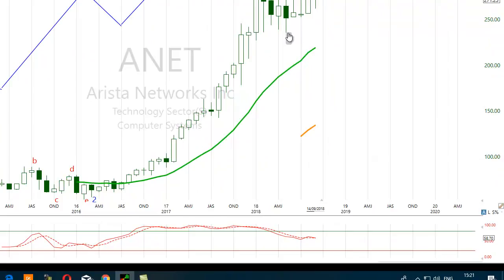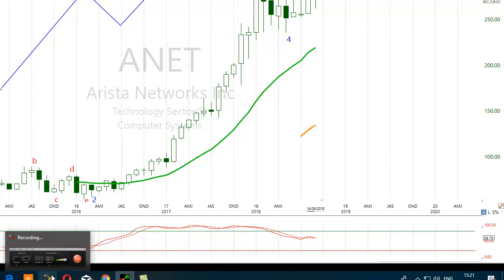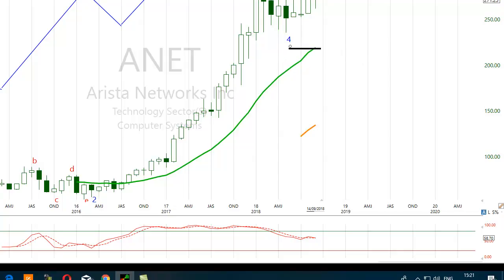Again here, if one is calling this a fourth wave, one should always bear in mind that a correction can become a complex correction. So do not get carried away thinking that whenever there is a move down, after a move up, that move down is the end of the corrective phase.